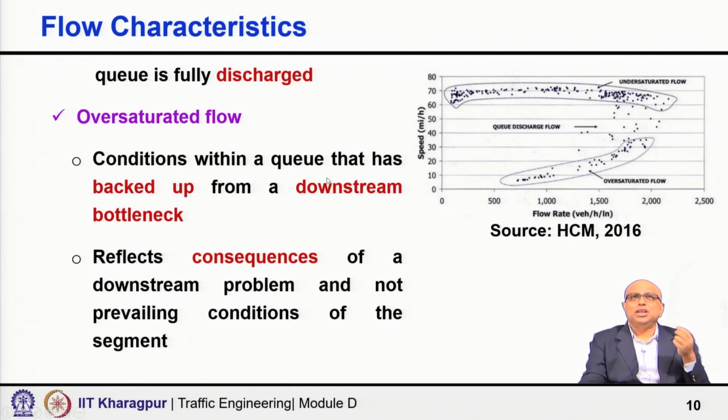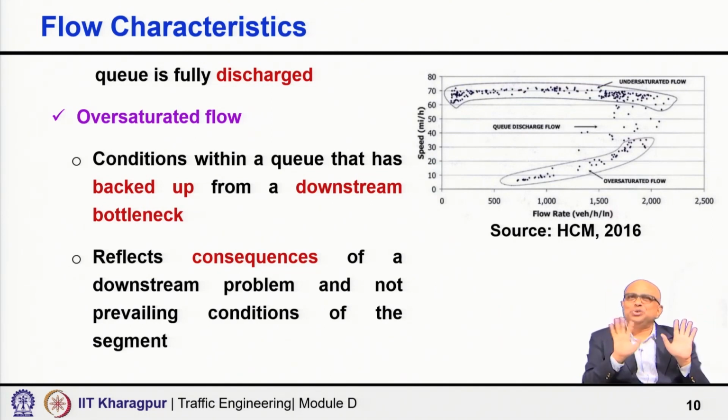And interestingly, this is a very important point, it reflects consequences of a downstream problem and not the prevailing condition of the segment. Although there the traffic is in forced flow condition and the flow is oversaturated, there is no problem in that section. That section has 3 lane capacity and the further upstream also has 3 lane capacity.